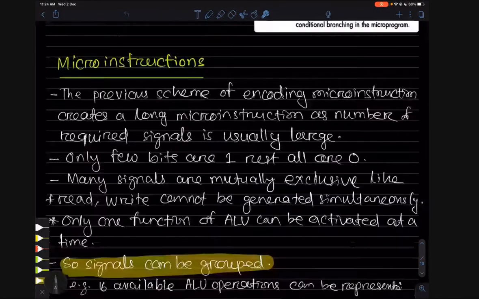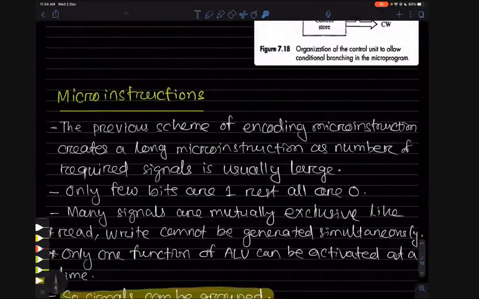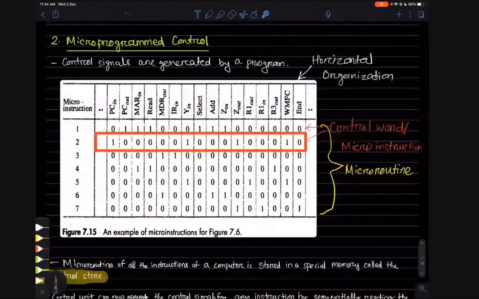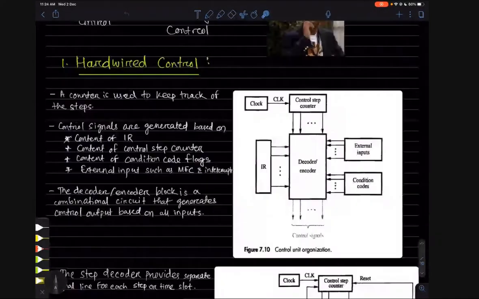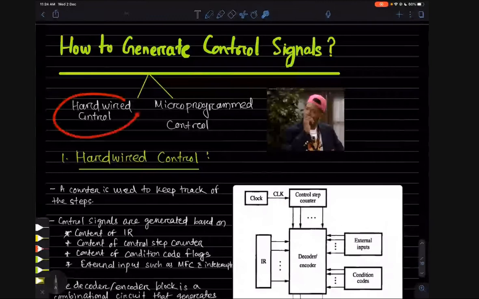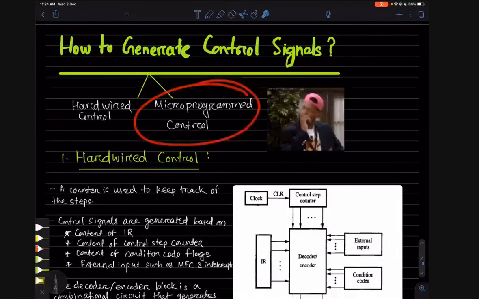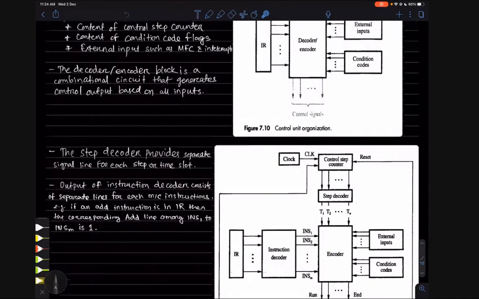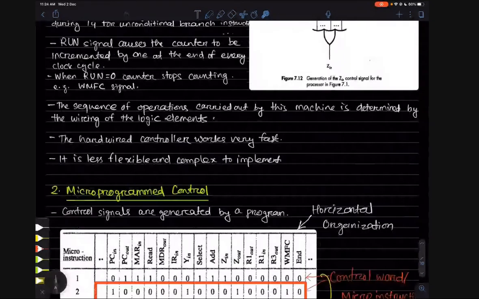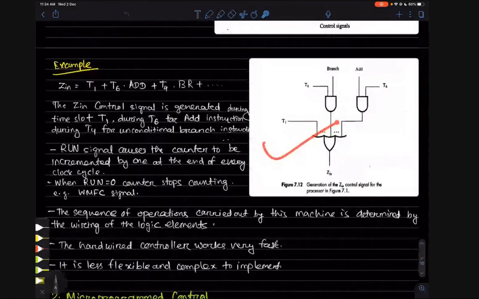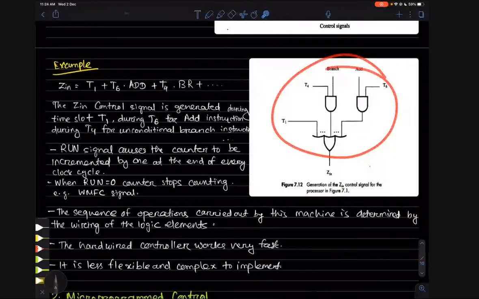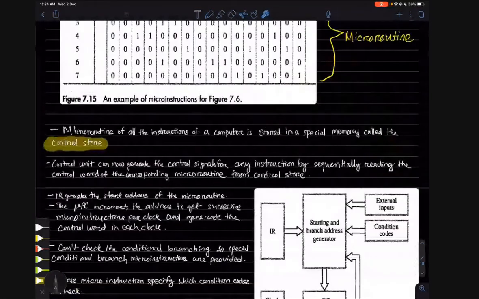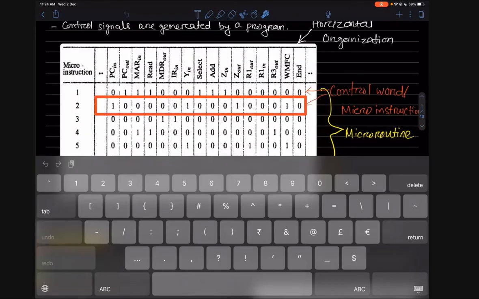So these are the micro instructions. So you know now how to generate control signals. Control signals can be generated by a hardwired controller or a micro programmed controller. Hardwired controller we have seen, this controller generates the signal based on hardware. Here we have seen this can be generated based on software.